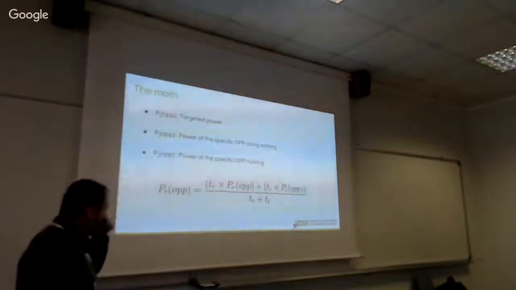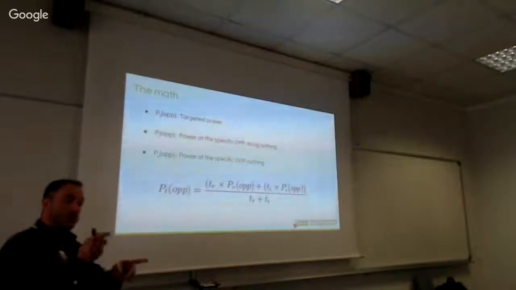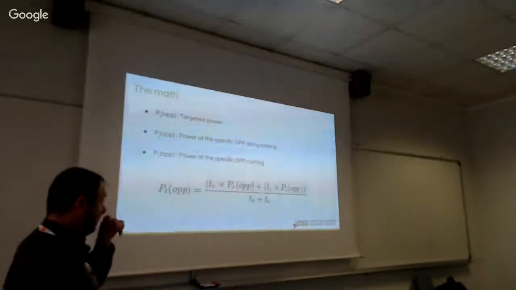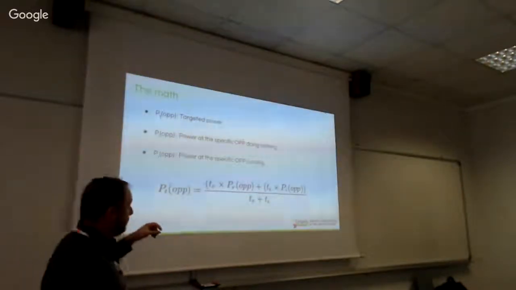So for that, we need to compute the duration of the period. And in order to compute the duration of the period, we have some math. And this math is an average.